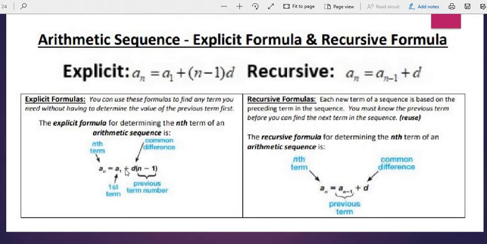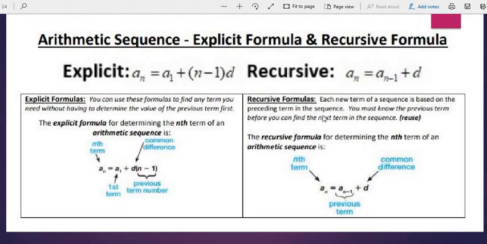It will always have a plus. And then you have n minus 1. This n right here and this n must match. This n minus 1 means previous term. So whether you write the d, the common difference, at the end or in the front of the parentheses, it's the same thing.